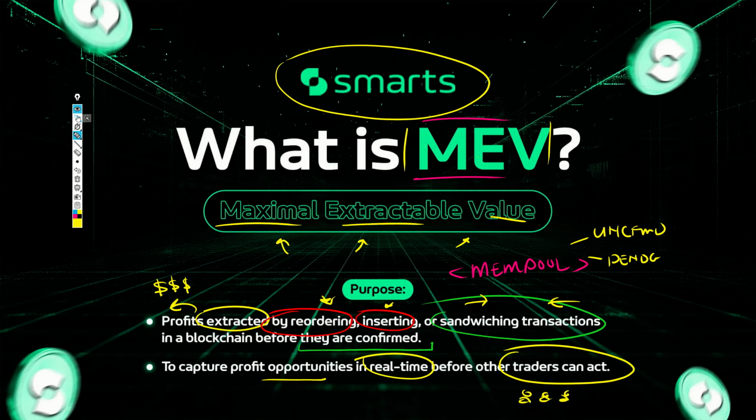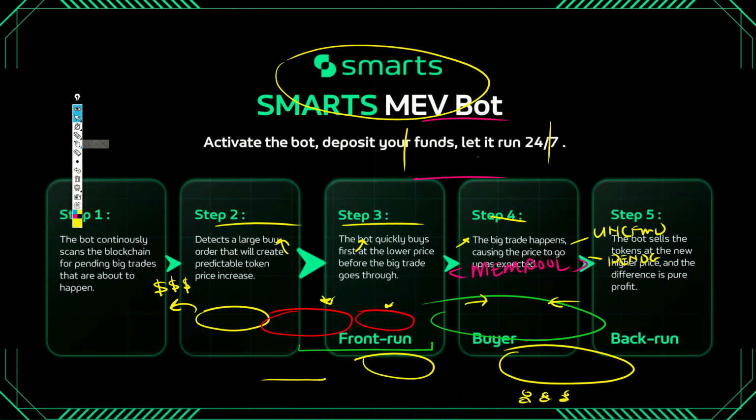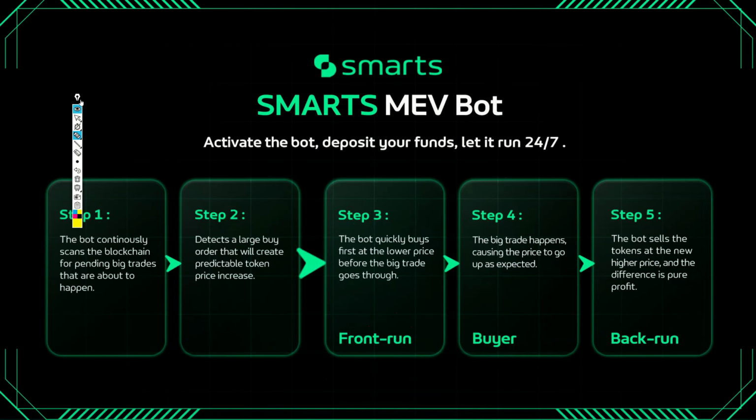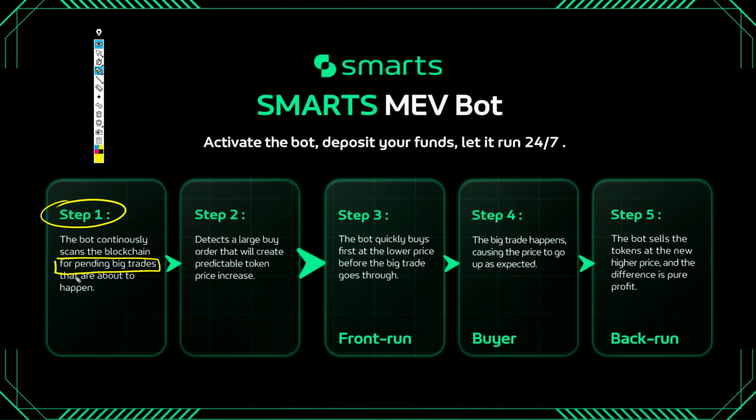So moving on right ahead. There are five steps that our bot takes to achieve what it does beautifully. What the bot does really in step one is it will continually scan the blockchain for pending big trades. The secret here is pending big trades.